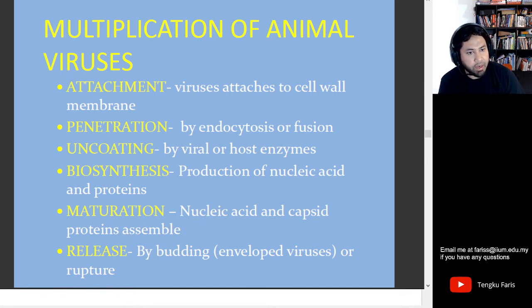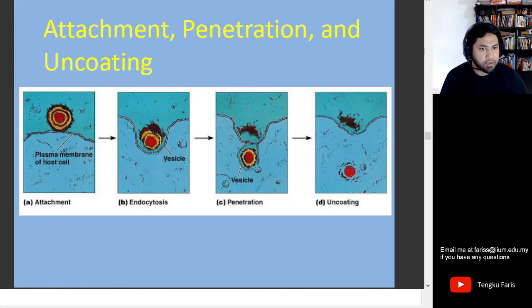After that, the biosynthesis or production of new nucleic acid and associated protein. After that, maturation, where the nucleic acid and capsid protein assemble together to make the mature, fully formed virus, which can be released to the outer environment.